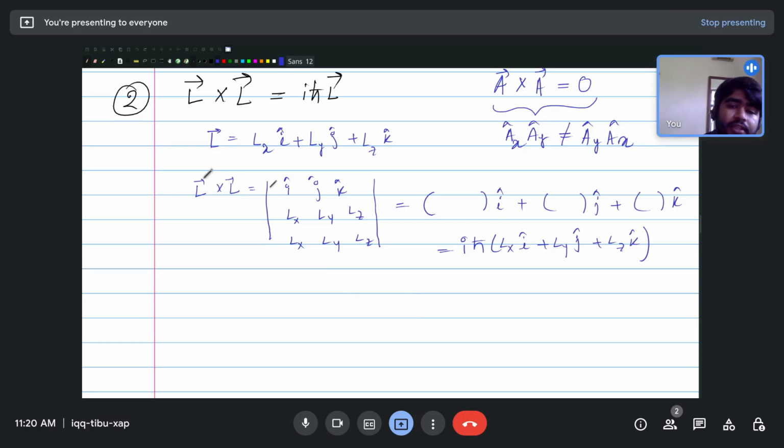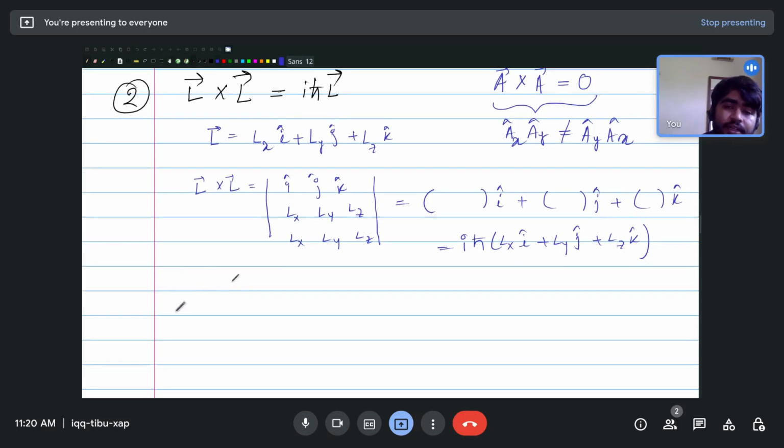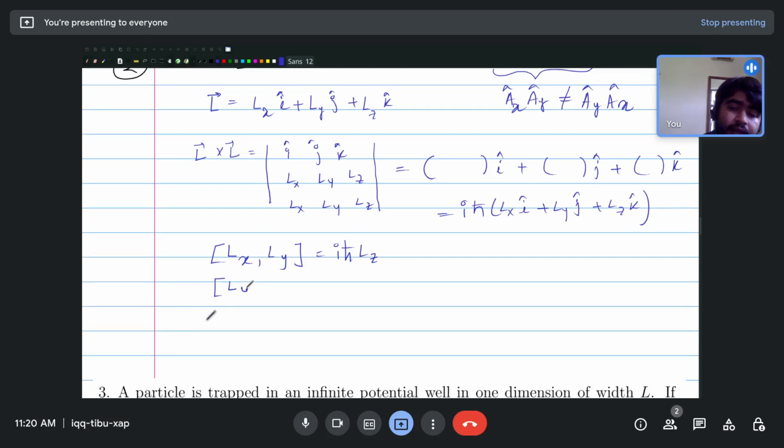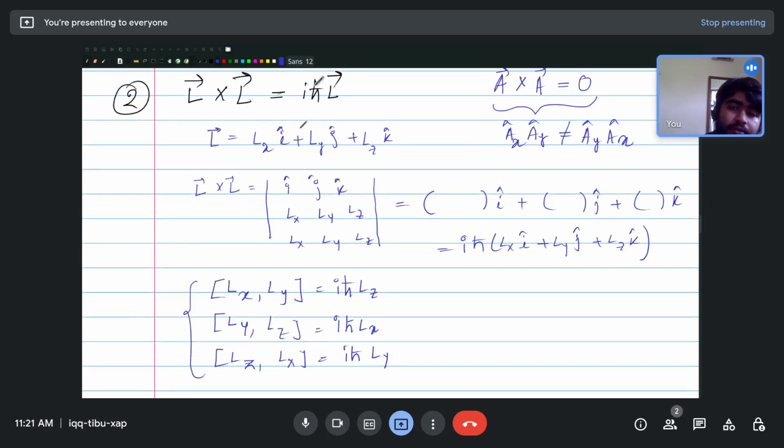If you correctly calculate this cross product, you will see that the resulting components satisfy relations like this: the commutator of Lx and Ly is equal to i h bar Lz, the commutator of Ly and Lz is i h bar Lx, and the commutator of Lz and Lx is i h bar Ly. So these three commutation relations will come from solving this equation. Okay, so let's move on to the next one.